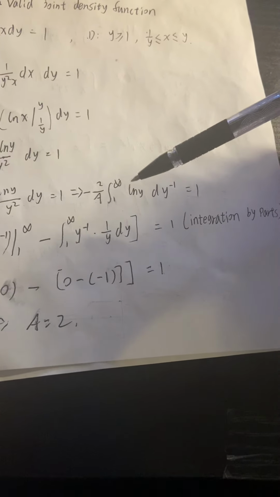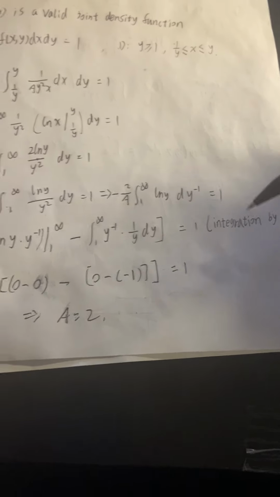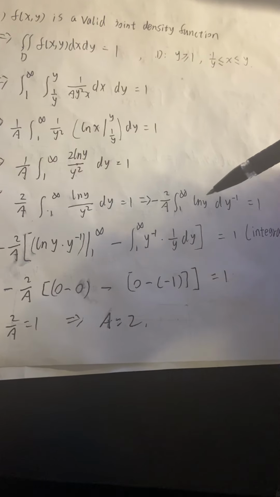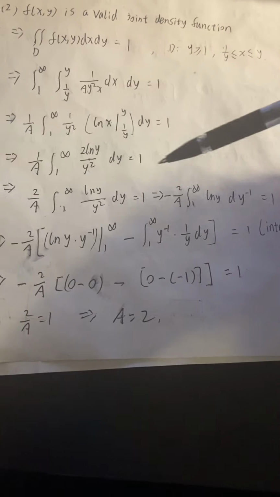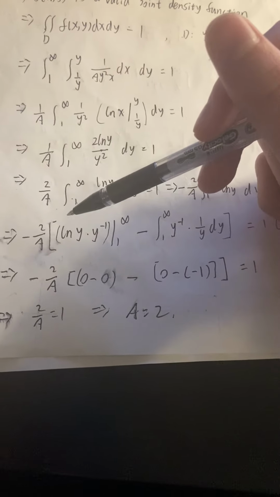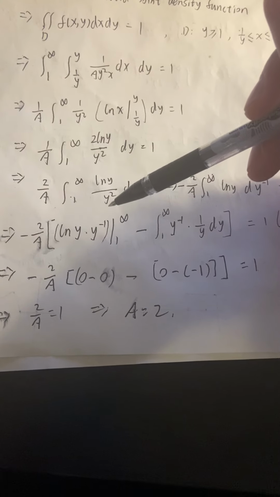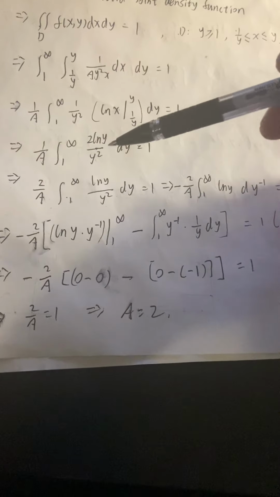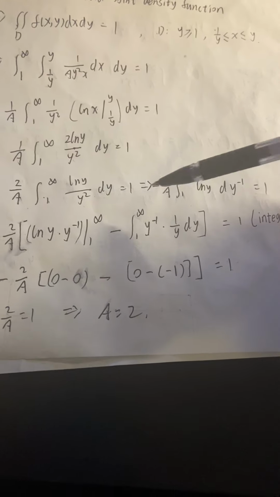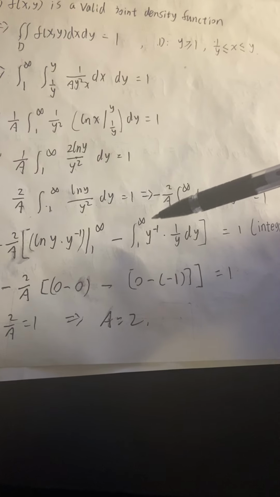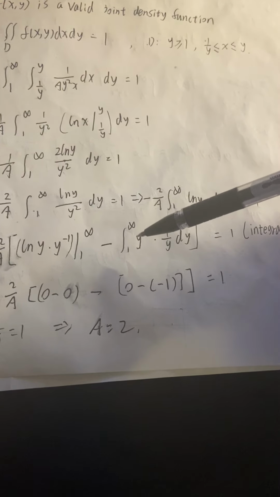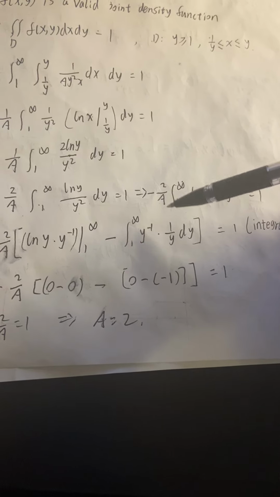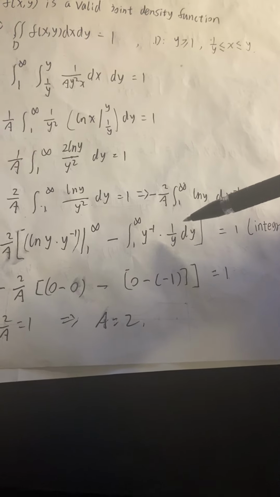And then we can use integration by parts. We can rewrite this integral as ln of y times y to the power of negative 1, with y from 1 to positive infinity, minus the integral from 1 to infinity of y to the power of negative 1 times 1 over y dy.